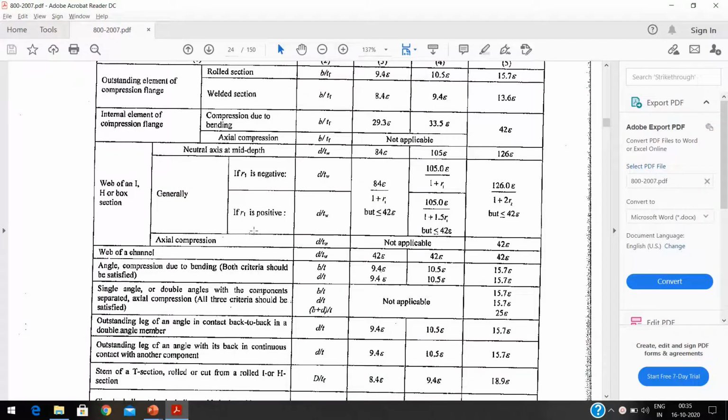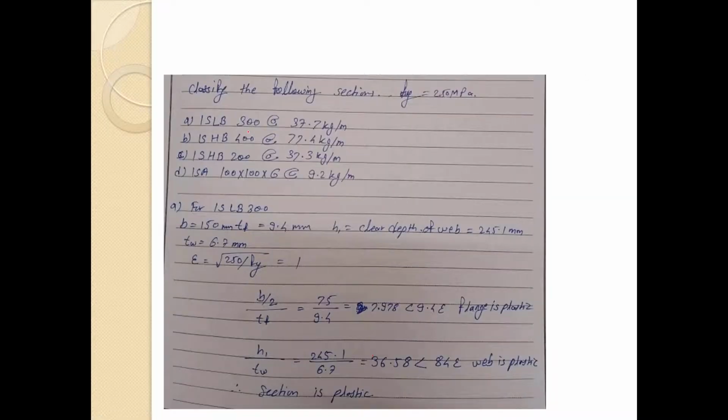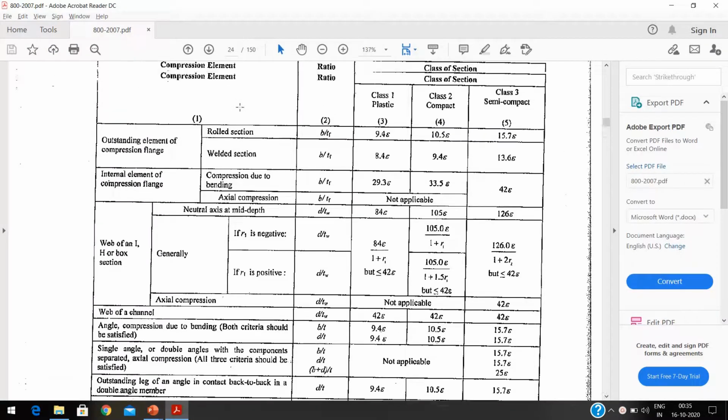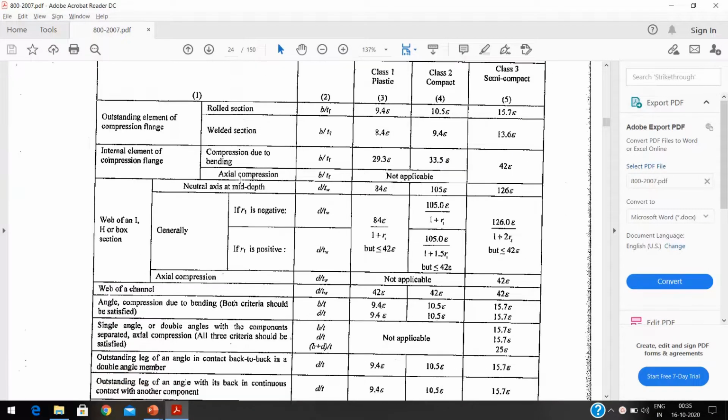So basically we are evaluating this ISLB. For the web of the I-section, the D by TW ratio should be somewhere over here.